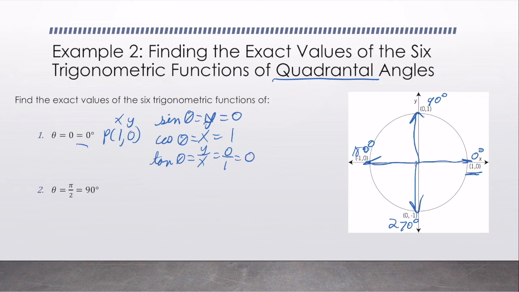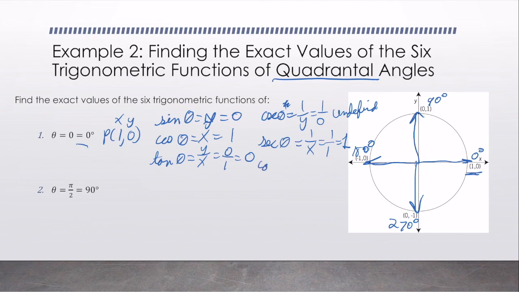Then I have cosecant of theta, which is 1 over y. So I get 1 over 0, which is going to be undefined, right? We can't divide by 0. Secant of theta gives me 1 over x, which is 1 over 1, so 1.